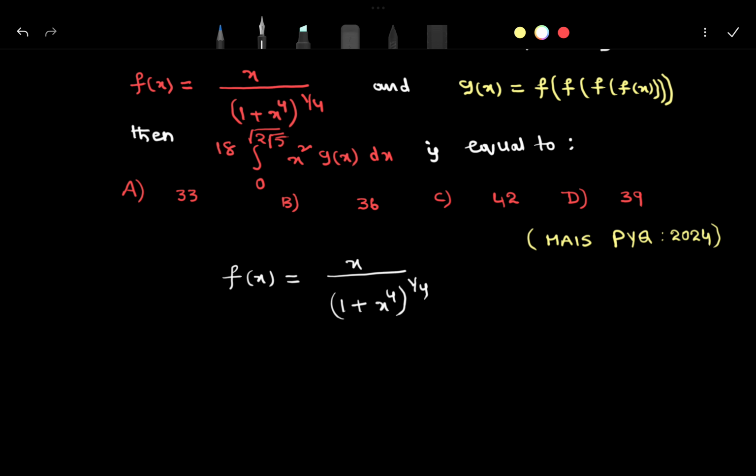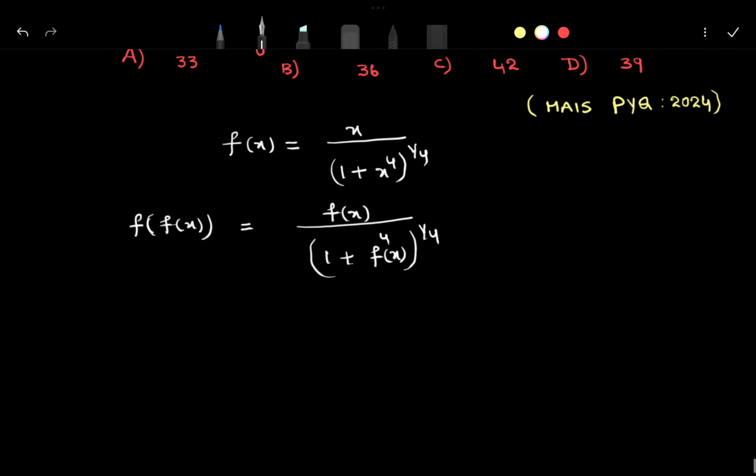First of all, you find f of f of x. f of f of x means you replace x with f of x in this given function. So now you can write f of x divided by (1 plus f of x to the power of 4) whole to the power of 1 by 4.